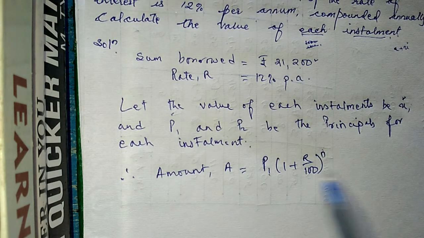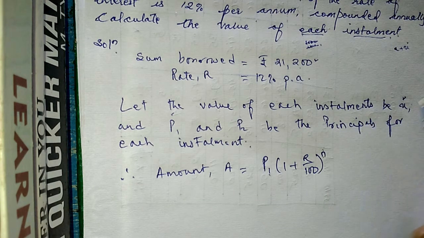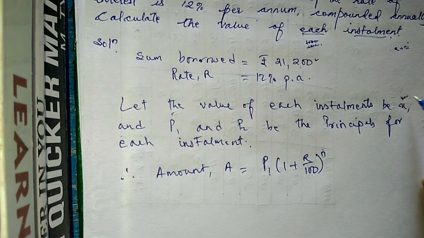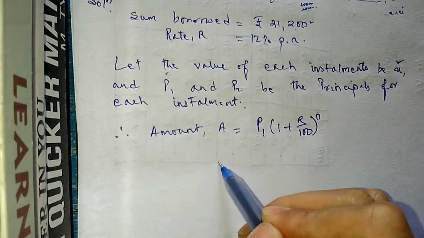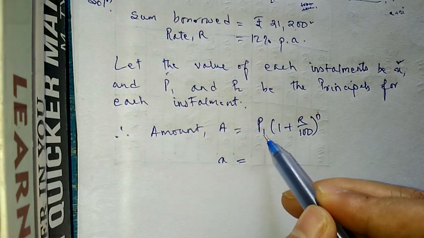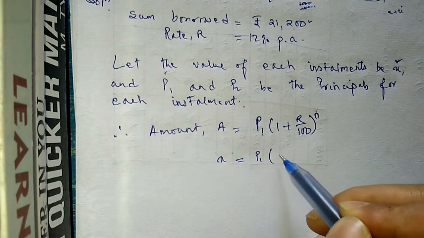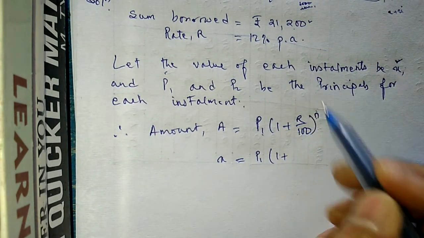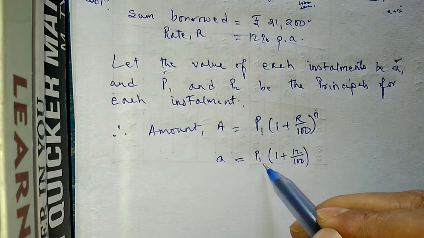Then A is what? For each installment, as I said, X is our amount. In this case we will write X equal to P1 times (1 plus rate 12% by 100). Since it is the first installment, we write 1 here.